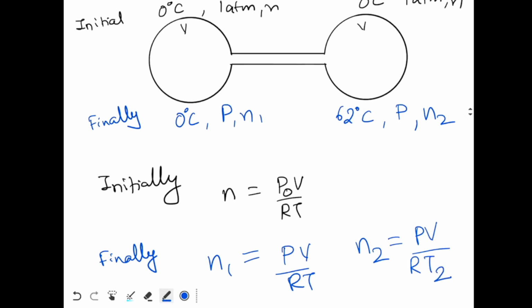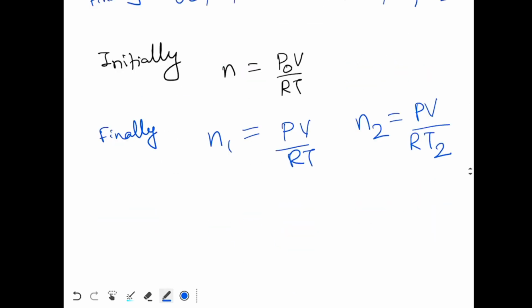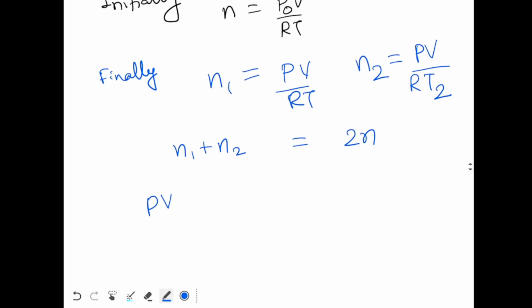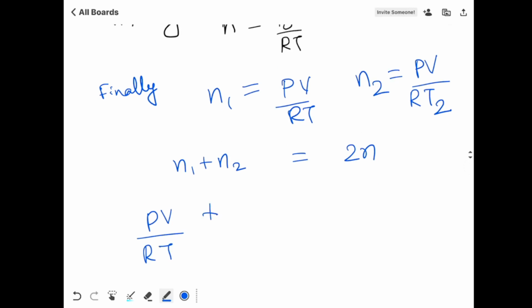Now conserving the number of moles, N1 plus N2 will be equal to 2N, right? So N1 is PV by RT plus N2 is PV by RT2, which is equal to 2 times P naught V by RT.